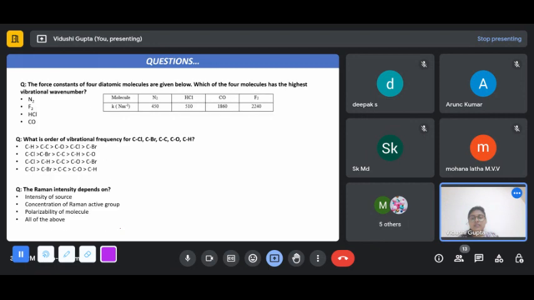Just remember that. So now the next question is: the force constants for four diatomic molecules are given below. The value of force constant K is given for N2, HCl, CO and F2. Which of the four molecules has the highest vibrational wave number? So what will be the answer?